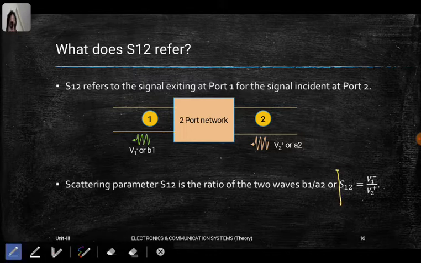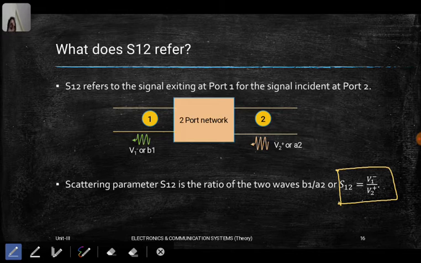This is my S12. We will use this scenario in practice. In some cases, if we want to measure the reflected voltage of a device, I can use that S12.